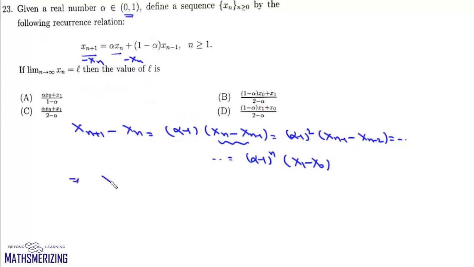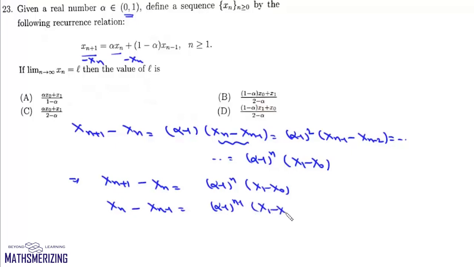So we can write xn plus 1 minus x0 will be alpha minus 1 to the power n into x1 minus x0. Now in the same way we can write xn minus xn minus 1 will be alpha minus 1 to the power n minus 1 into x1 minus x0, and finally we'll get x1 minus x0 as alpha minus 1 to the power 0 into x1 minus x0.